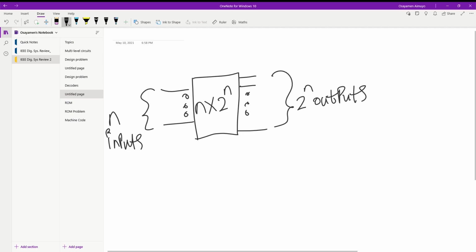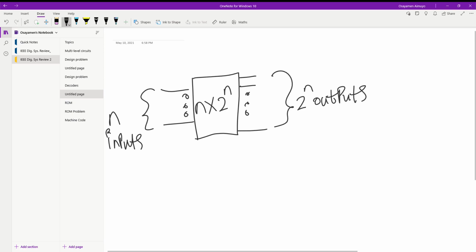So a decoder basically takes n inputs and yields outputs. What it does is it more or less converts a binary number to a decimal number.